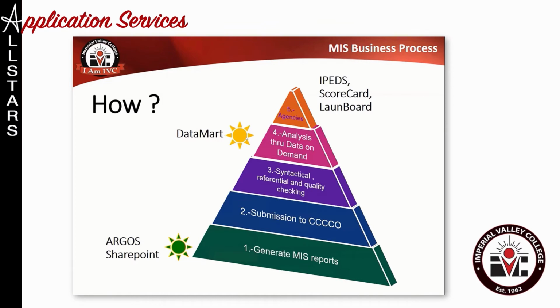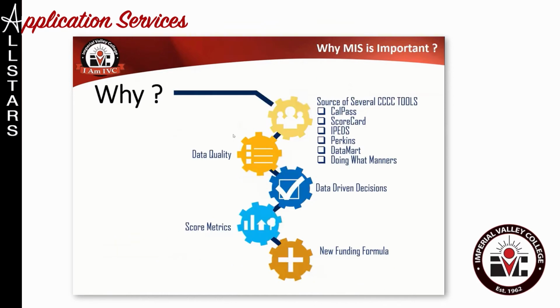That website is unprotected, and we can go ahead and check it out. The reason they have that in place is because they use that data to send to California agencies, and they go to CalPASS, Scorecard, IPEDS, Perkins, Doing What Matters, and Data Mart.